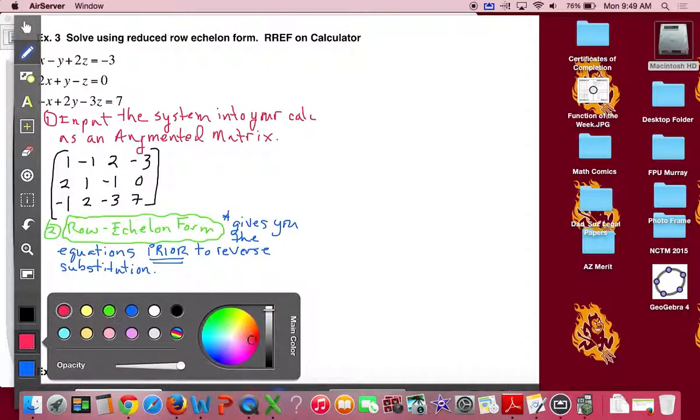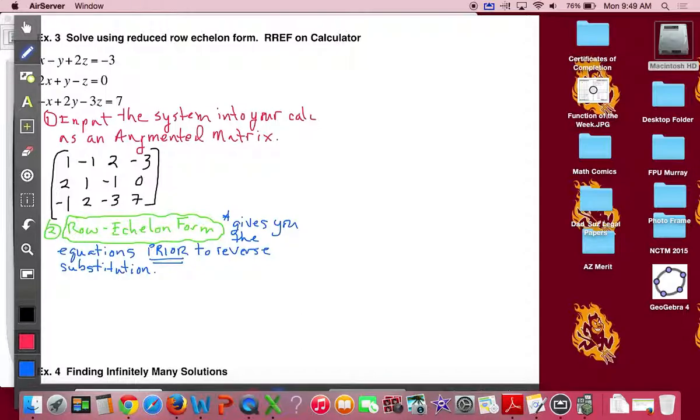So if I were you, I'd write them down. So you are going to do second matrix, then you're going to do an arrow key.